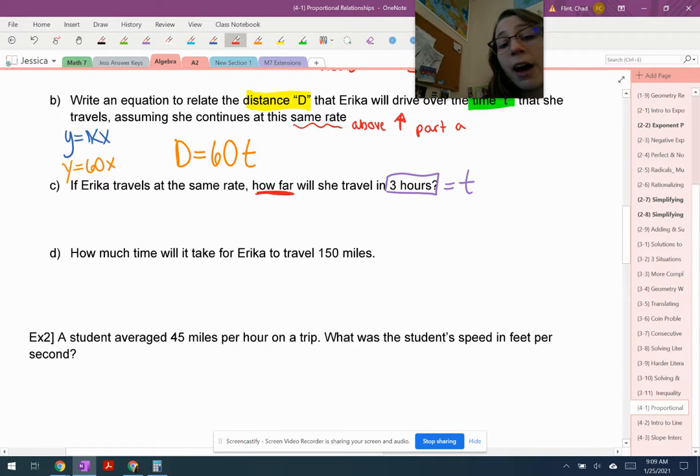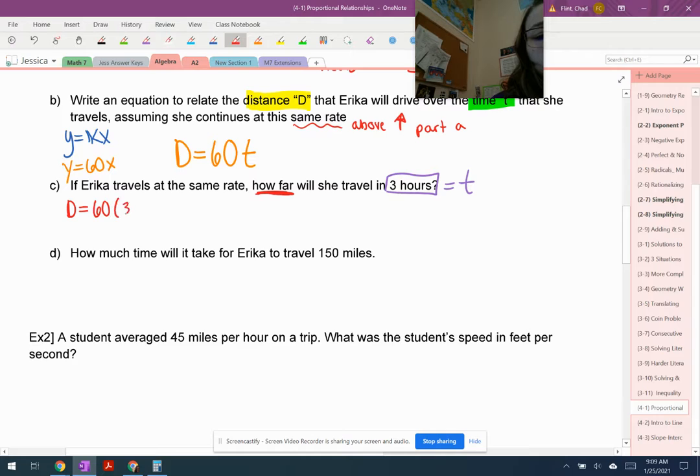They're asking us how far. That's a distance. So I'm going to plug in 3 for t. So d is equal to 60 times 3. So distance is equal to 180 miles in 3 hours.